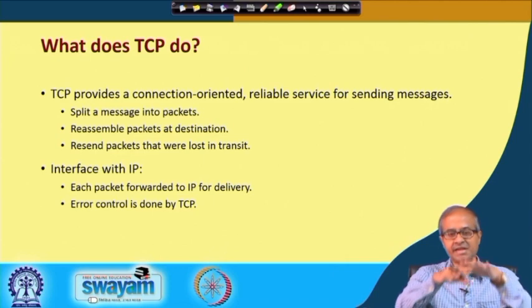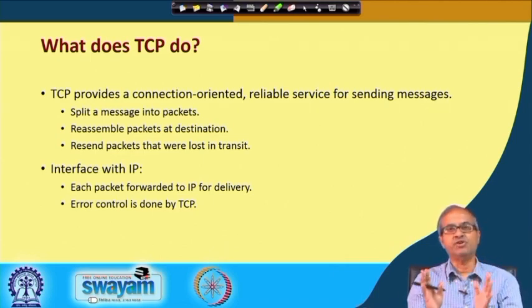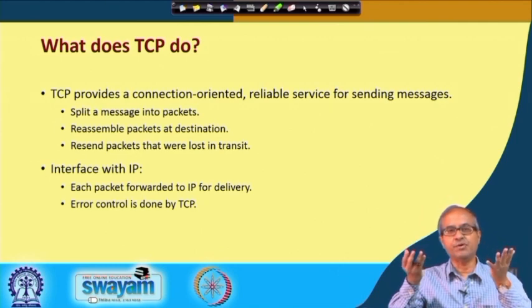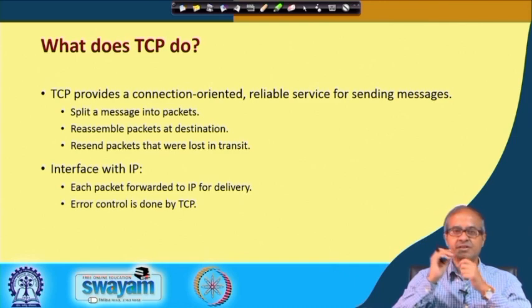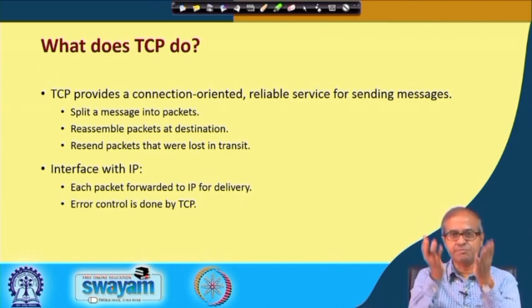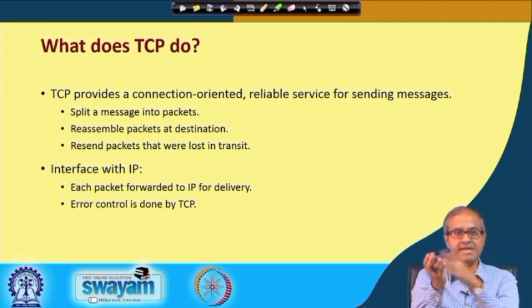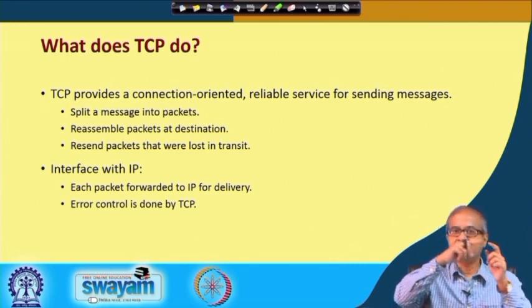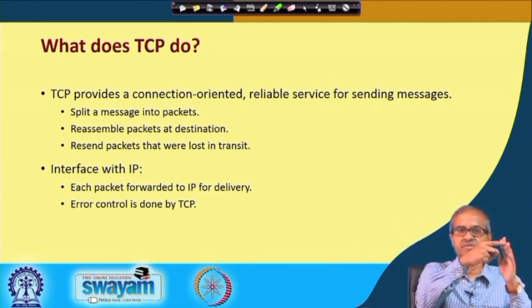Now, TCP understands that the IP below is not reliable. TCP tries to make the network connection reliable by taking some additional responsibility. How? TCP will explicitly check whether the data that is being sent is correctly received at the final destination, because the destination will be sending back an acknowledgement.